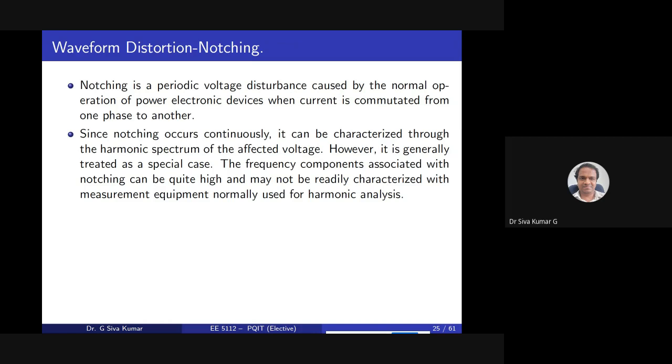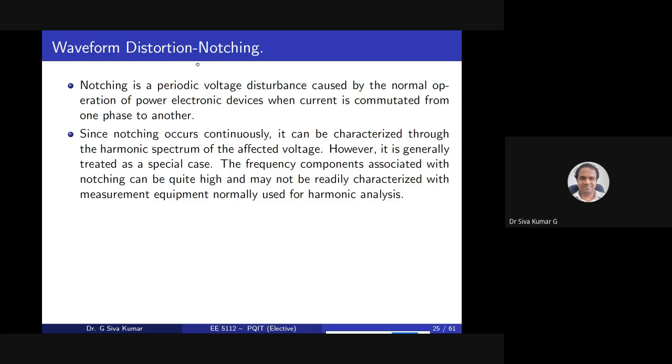See, you have a spectrum analyzer where we can measure the integer multiples of the fundamental frequency components. We have equipment that measures harmonics, that is, the integer multiples of the fundamental frequency components. When you are trying to measure a notching, it is not possible. It is not readily characterized with the measurement equipment.